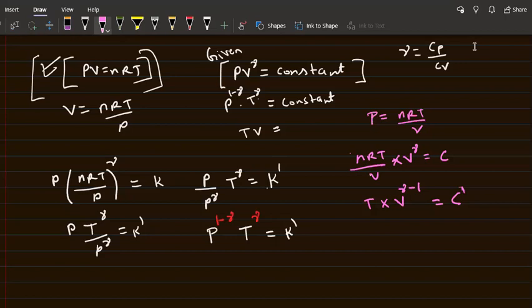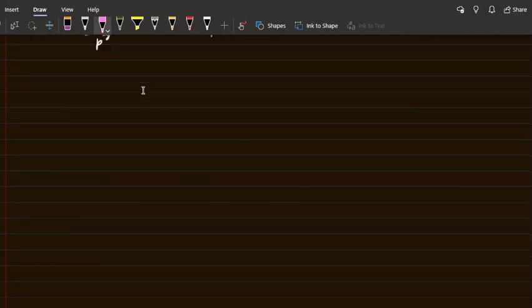Okay, very good. Now we will be using this for adiabatic process only, right? All these formulas are valid only for adiabatic process. Now, just think about this. For isothermal process, we have PV is equal to constant, right? For isothermal.